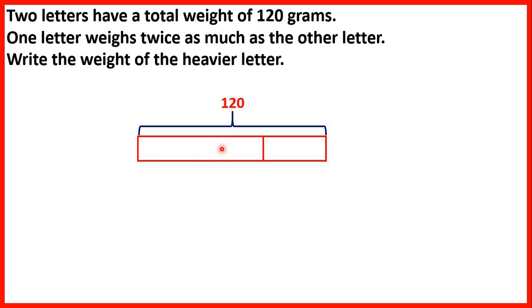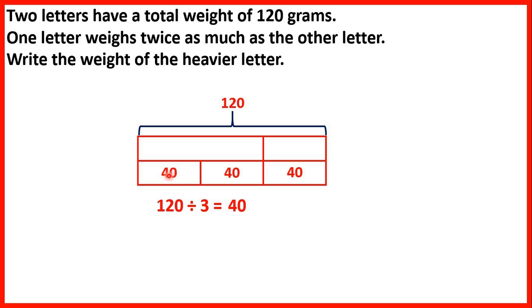Now our heavier letter is twice the weight, so we can draw 2 bars underneath that and then a bar of the same size for our lighter letter. So we have 3 bars on this line, and that adds up to 120. So to find the value of each bar, we can divide 120 by 3, and that's 40.